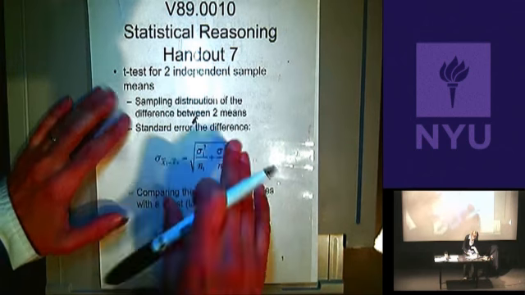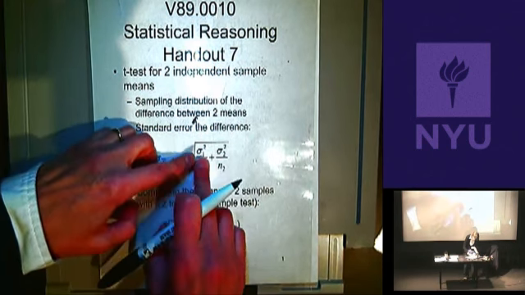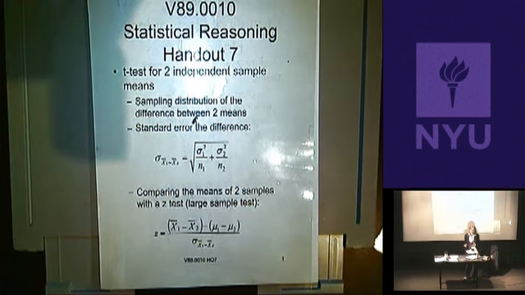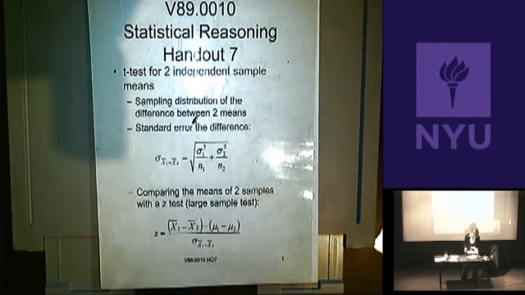Now, why are you not going to use this formula so much? Because again, what are we assuming in here? Here's the variance for group 1, and here's the variance for group 2. What is the assumption? That we have population variances. Once you get to two groups, you almost never have population variances. Okay? So I'm going to show you how to replace that to make it easier. But this is the basic idea.